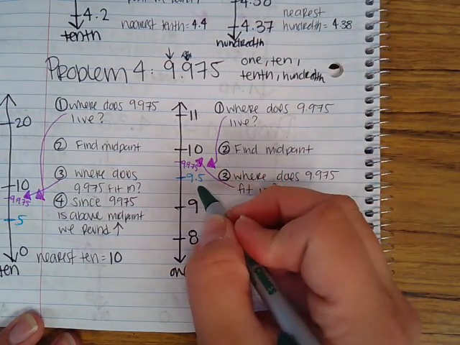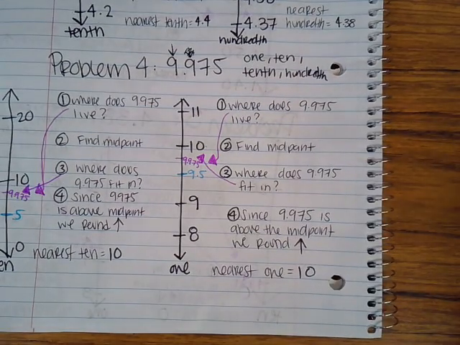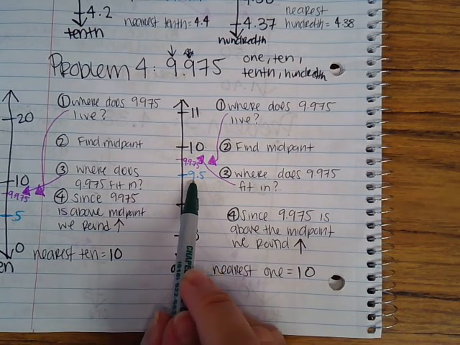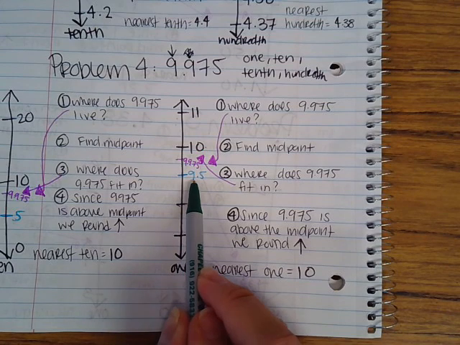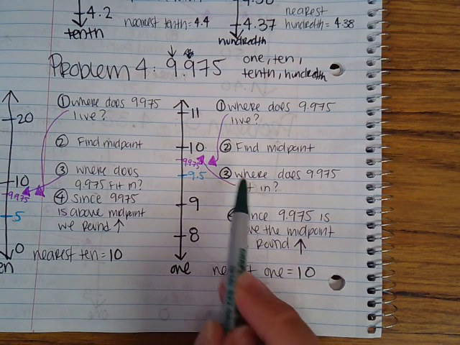It lives between 9 and 10, right? 9.975 is between 9 and 10. Everyone agree with that one? All right. So if I'm finding the midpoint, what's the midpoint between 9 and 10? It's 9.5. Okay? So the next part, where does 9.975 fit in?